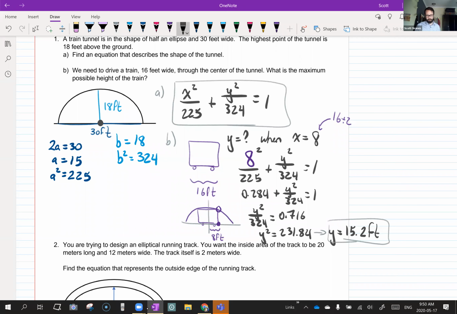And that's what this would be. So of course, this train would squeak on through, it would be perfectly sized. It wouldn't make any sense in real life, but that is the maximum height. So if you're designing a train to go through this tunnel, you have to make sure that the height of the train is definitely less than 15.2. So that's the big idea here. Do we have any questions on that?